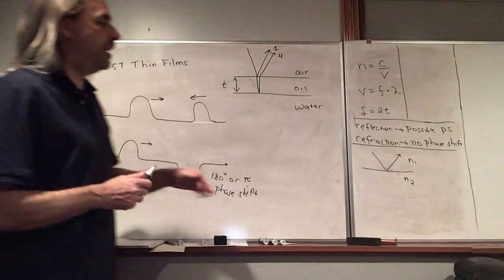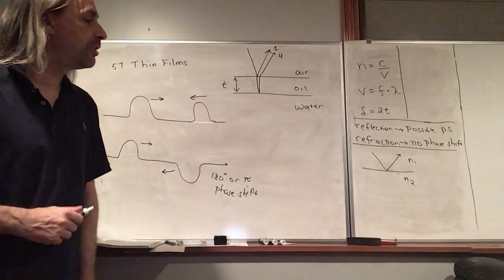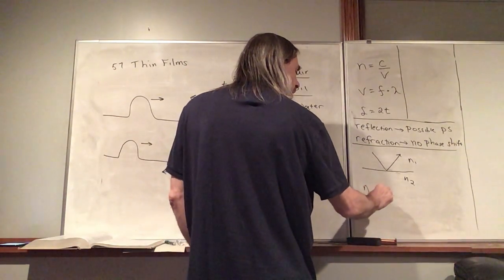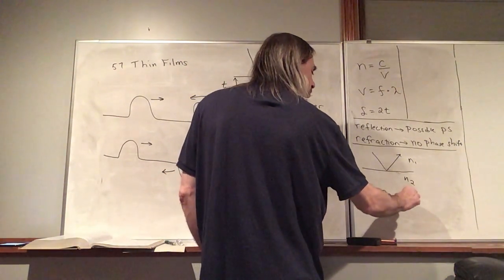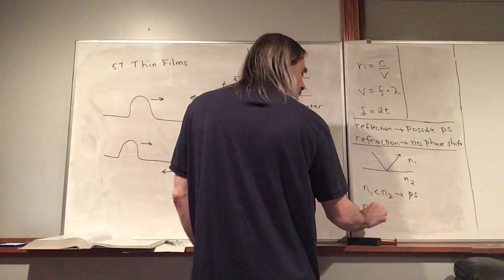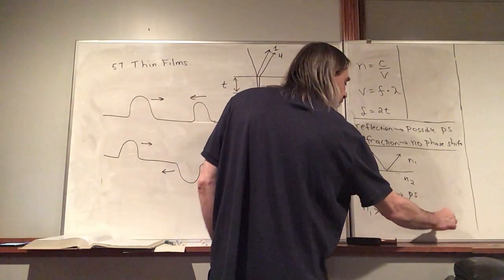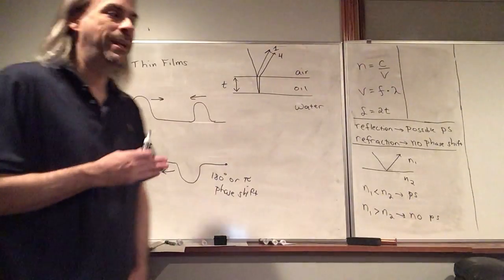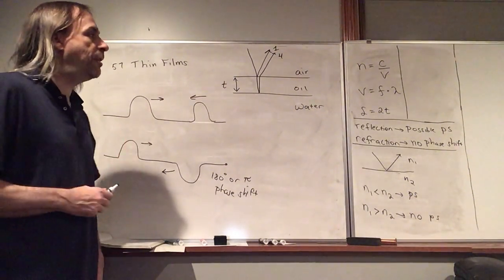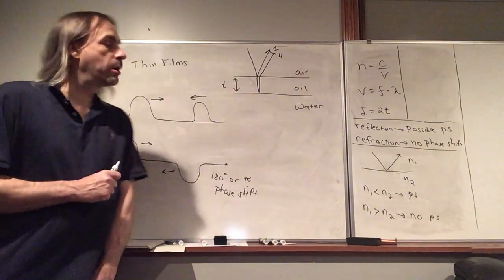If we're going from a low index of refraction to a high index of refraction, we get a phase shift. So if N1 is less than N2, we get a phase shift. If N1 is greater than N2, there's no phase shift. Just remember, low index to a high index, you get a phase shift, and that's only for the reflection, not for the refracted ray.